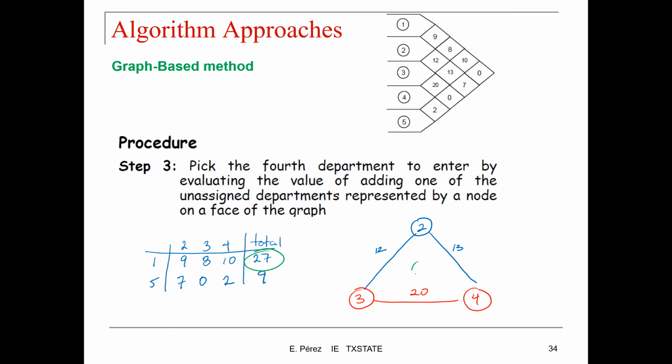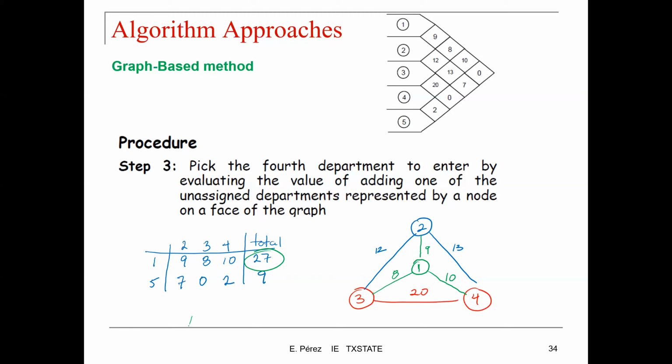And then I'm going to locate that one here in the middle. So here we connect that to 2, right? So this is 9, this is 8, and this is 10.